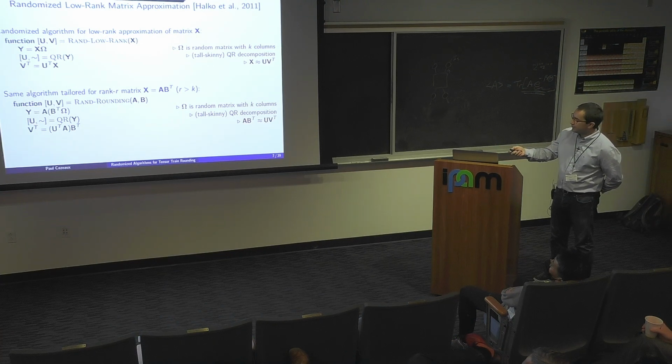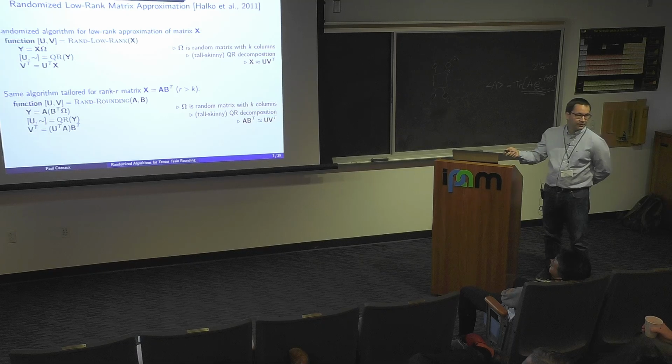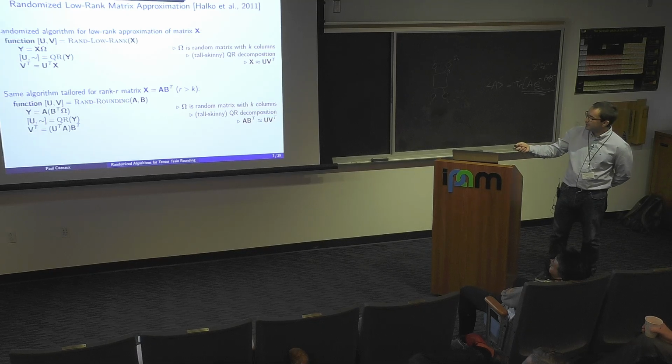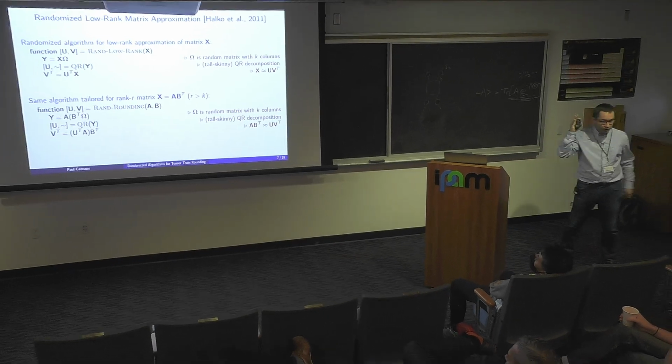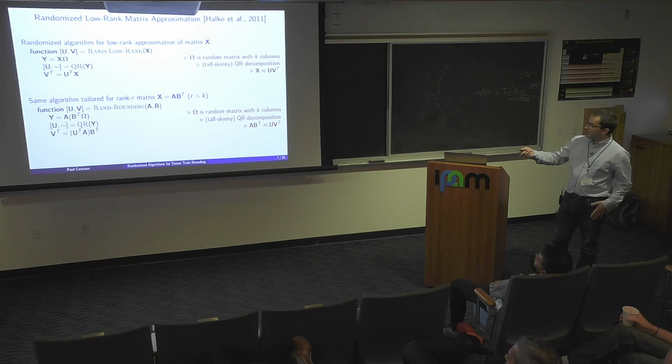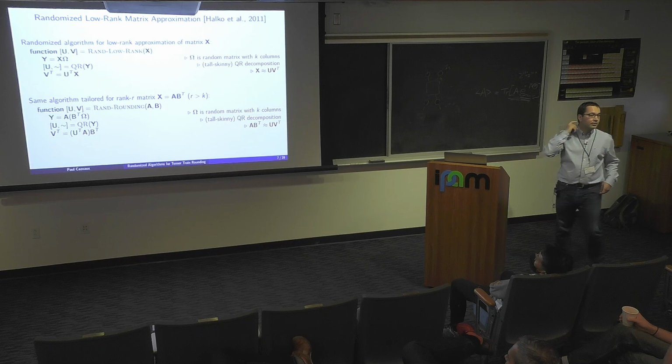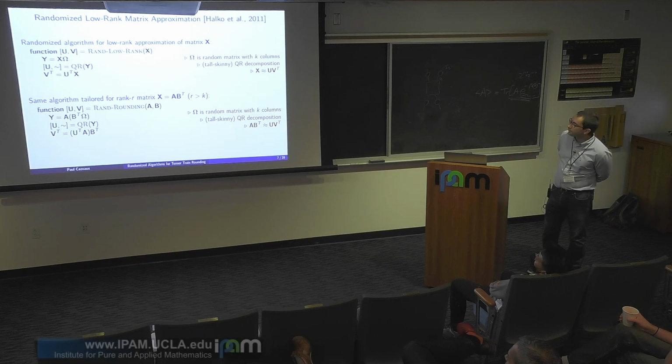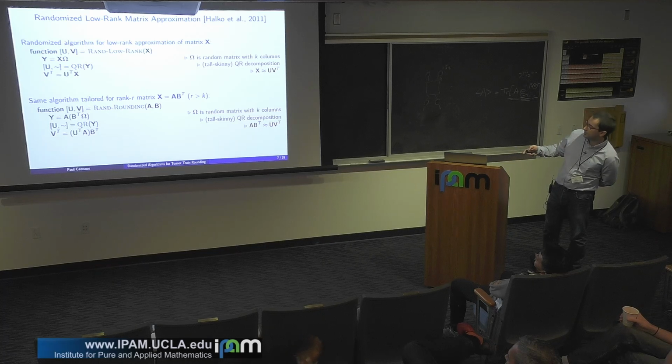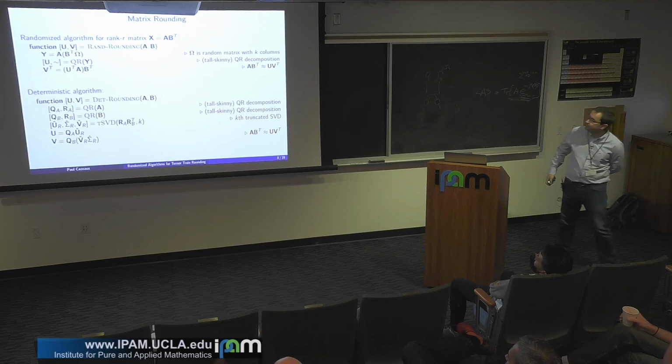So here I have a rank R approximation of my matrix, but I know that actually it's a rank K matrix, so I want to reduce this. Then I can do even a little bit better than before. I just have to sketch A in order to get a good idea of the decomposition.